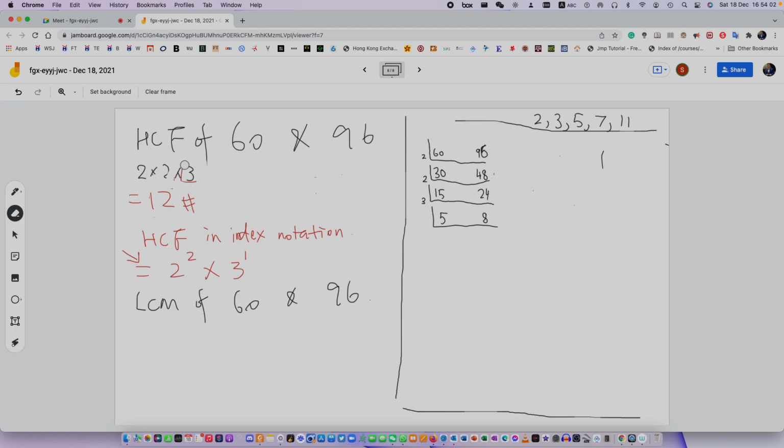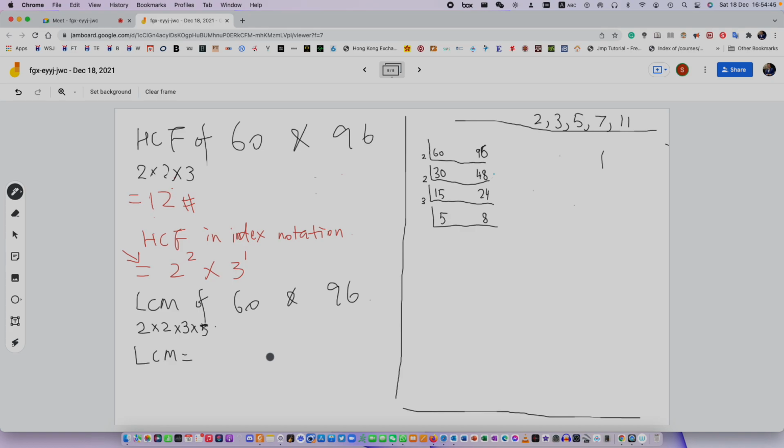Then what is your LCM? Can you do LCM? The normal format first. So LCM equals to... write down the normal format first. How come your writing is not so smooth?